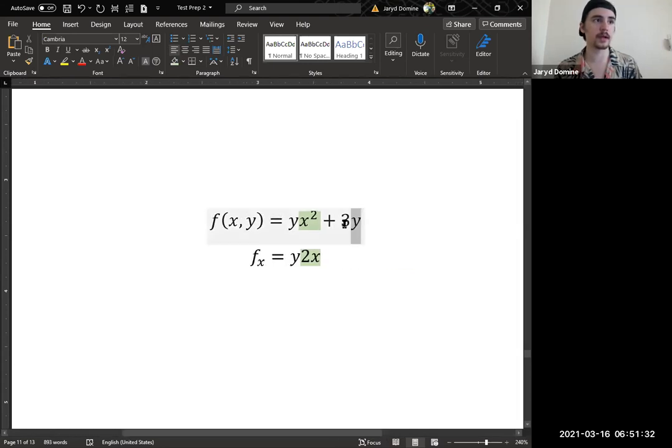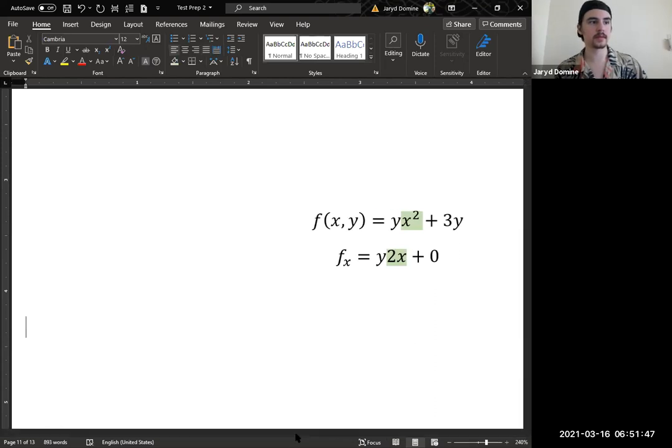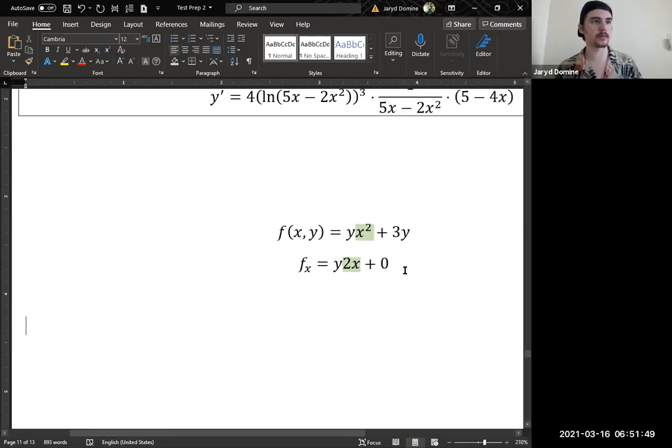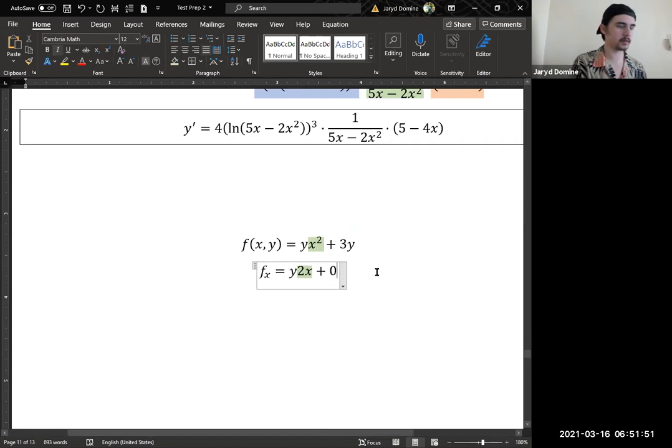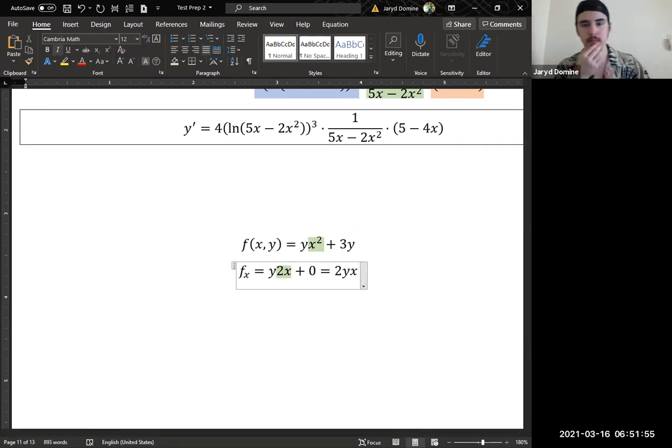Then for the second term, if we're pretending this is a constant, the derivative of a constant is 0, so this is just plus 0. And so your partial in x would just be 2yx. So we pretend that one of the variables is a constant. That's all there is to it.